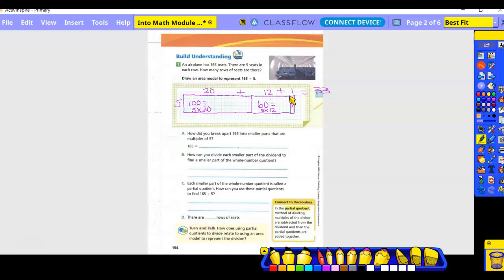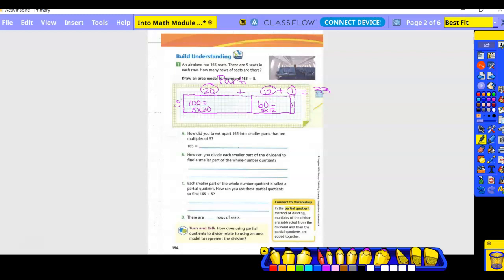Letter C: each smaller part of the whole number quotient is called a partial quotient. We've learned partial products with multiplication, right, guys? This time we're doing partial quotients. How can you use these partial quotients to find 165 divided by 5? What did we do when we got our numbers on top? We added them together to get our total quotient, correct? What are these things right here called? What did we just learn these are called?